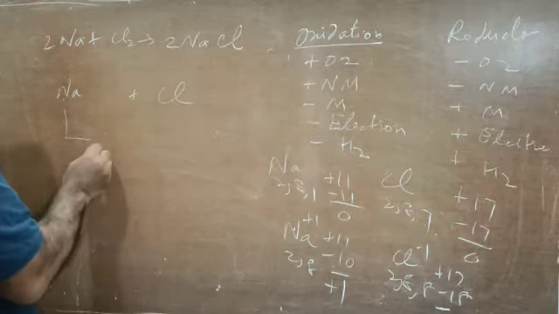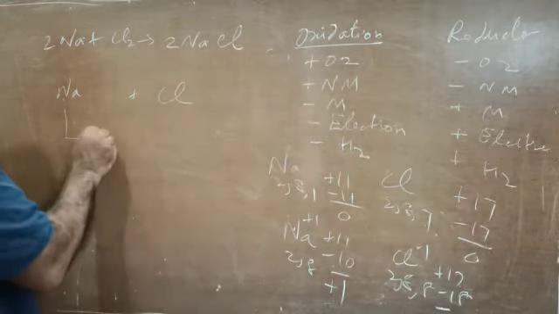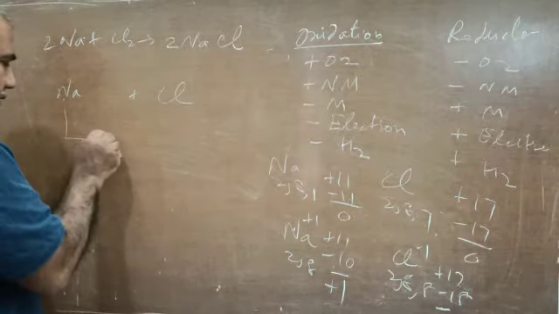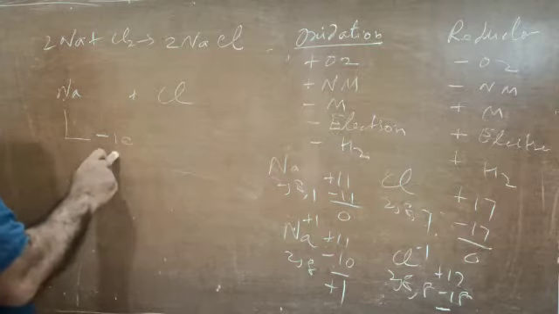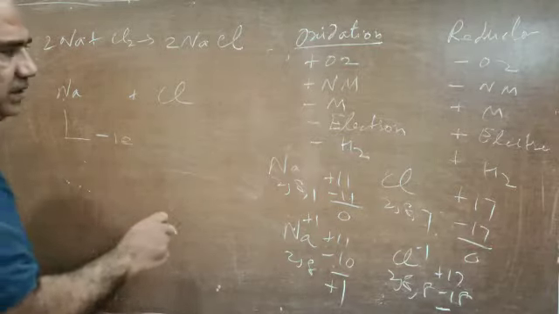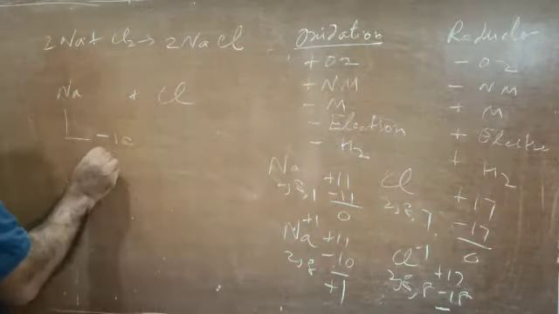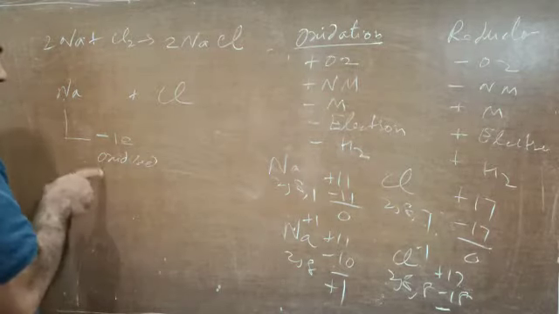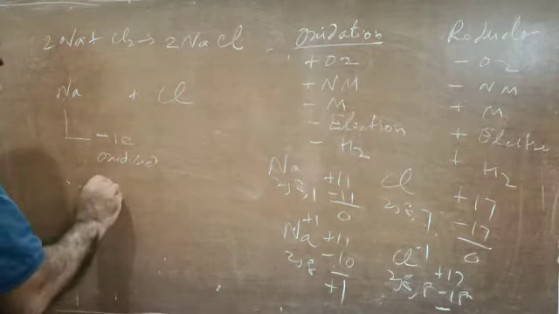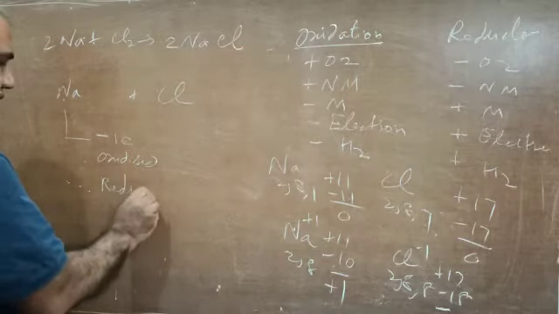This will definitely lose 1 electron, so I will say minus 1 electron. Loss of electron is oxidation, so it gets oxidized. And if it is oxidized, this is going to be the reducing agent.